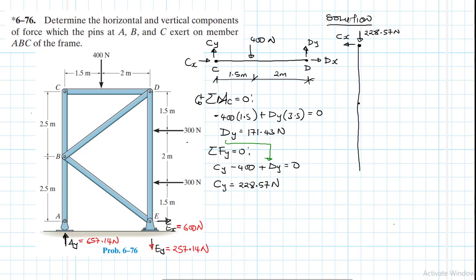And then we have point B here. At point B, let's say we have two members, BD and BE, and these two members are two force members, so we only expect an axial force in each one of these members. You can assume whichever direction you want to assume. For me, I'll assume BD is in compression.